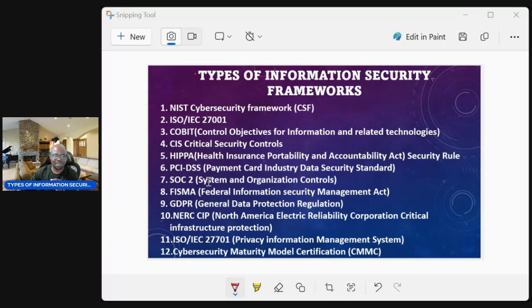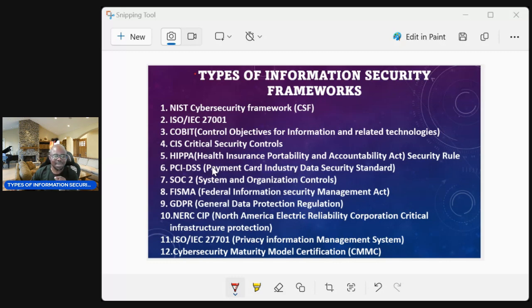And then I have number 8 on my list, the FISMA framework. FISMA stands for Federal Information Security Management Act. Now, this framework was developed by the United States federal government. And the focus of this FISMA Act is protecting federal information systems.